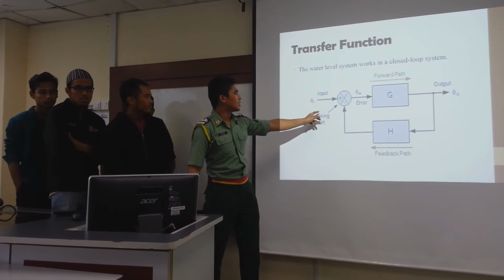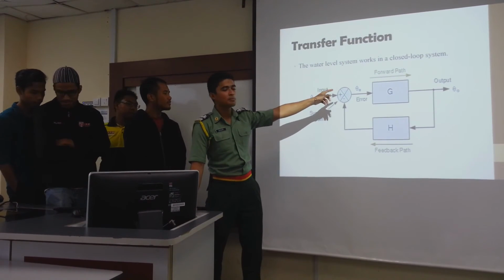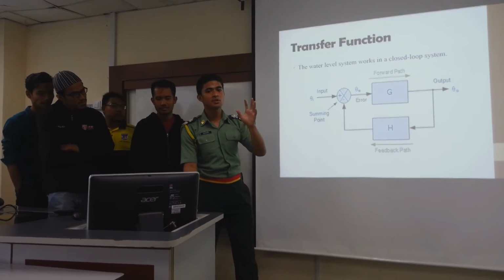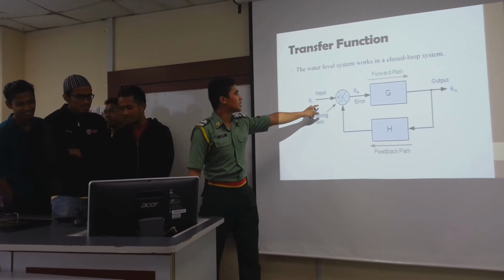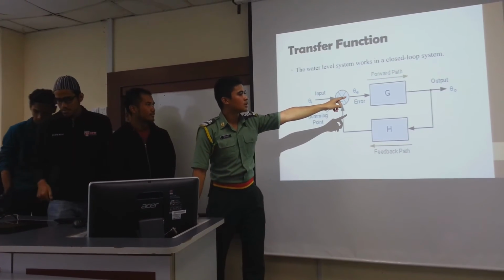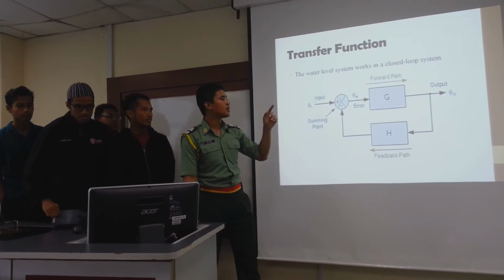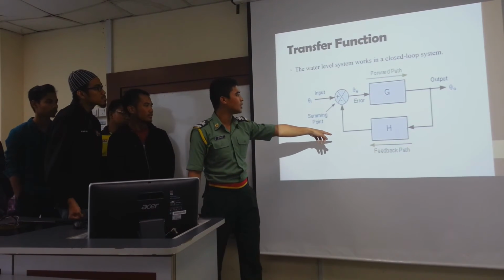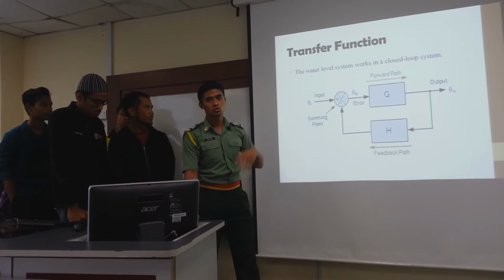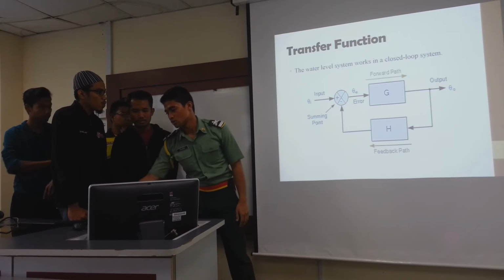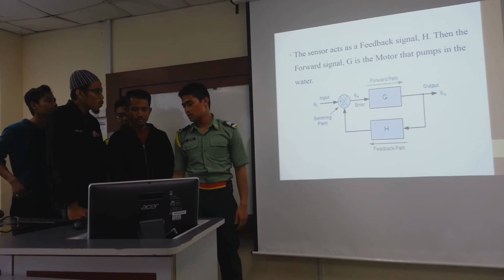Then for the gain part, if we set a 10 meter water tank, and the water inside the tank has reached 10 meters, then the sensor will send an electrical signal to the motor to shut off the motor. Right, the sensor acts as a feedback signal, as I said just now.